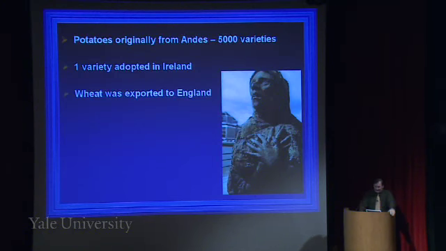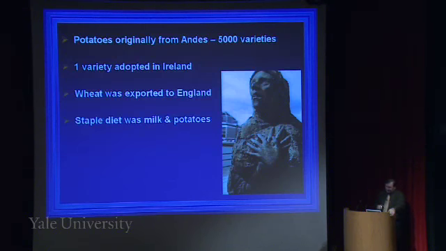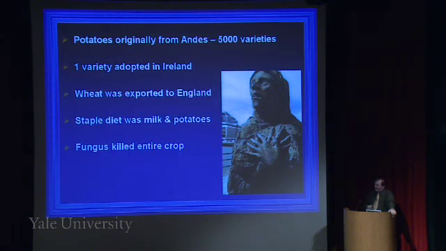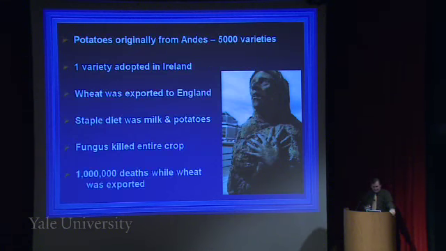Wheat was grown in Ireland at the same time of the famine, but it was exported to England. The staple diet in Ireland was milk and potatoes, but a fungus came about that this particular strain of potatoes was vulnerable to, and it wiped out almost the entire potato crop, leading to vast problems with famine.